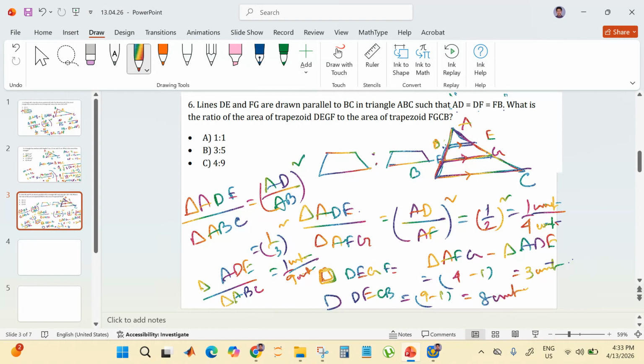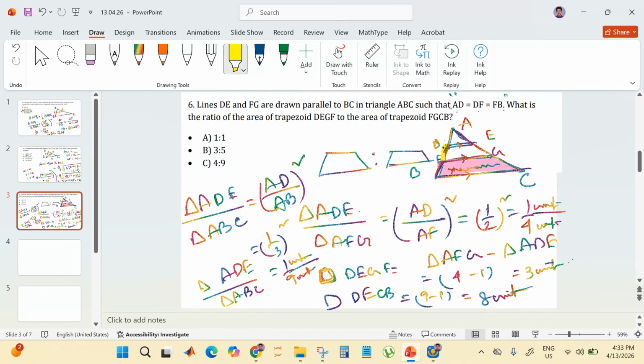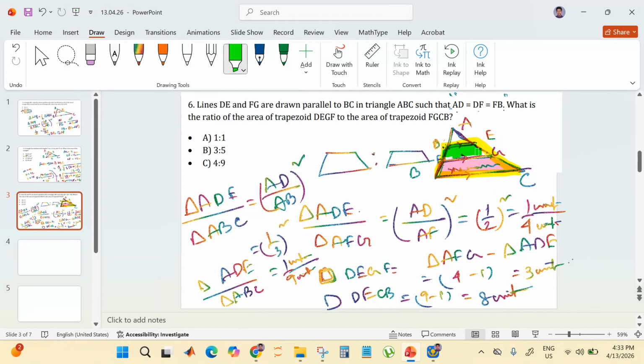Now you have to find FGCB, this part only. So I am highlighting this part. How to find this part? We have the area of DECB, that means 8 units, and DEGF, this one, will be 3 units.